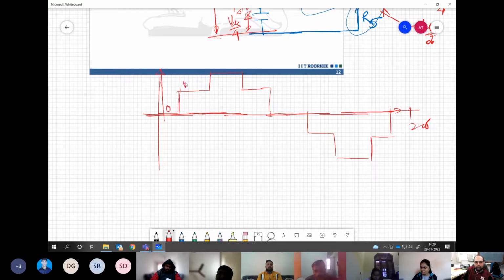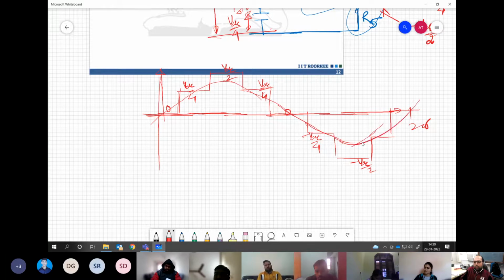So these voltage levels are what we have generated. And so on. So this is a better quality of waveform compared to what we have seen in the case of 2-level and 3-level.